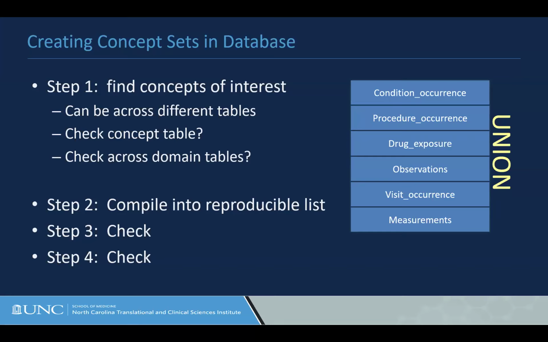So rather than being a comprehensive list of concepts, this is just the list of concepts that are used in whatever data set that we're looking at in the database.